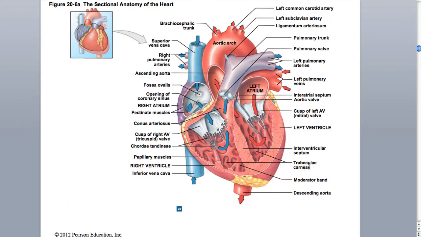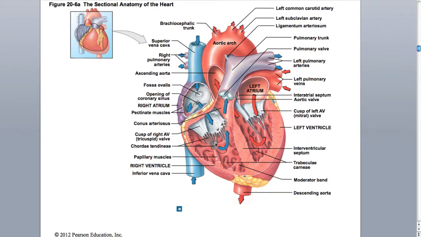That's the purpose of that trabecula. Then on this side we have our inferior vena cava, which I've mentioned, and we have our right ventricle. Now the right ventricle is going to push the blood out through this valve called the pulmonary valve, and some people call it the pulmonary semilunar valve. So the pulmonary valve or semilunar valve is going to get you out into the pulmonary trunk.